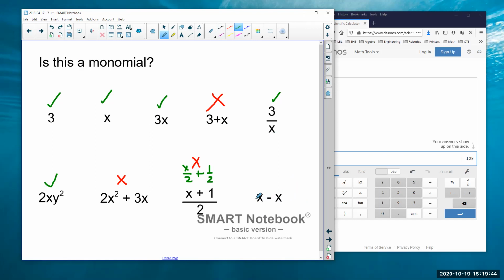If we have 2 like terms here, we want to combine those and simplify that. So if I had x minus x here, that would equal 0. And so when I simplify that expression, those x's go away. I'm just left with a single constant 0, that is a monomial. Okay, even though 0 is nothing, right? It's still a single term, and we would call that a monomial.